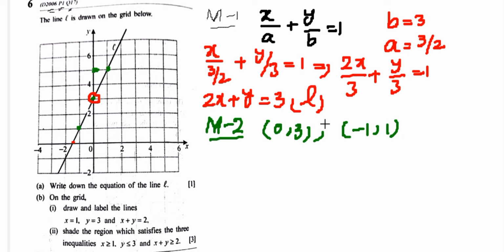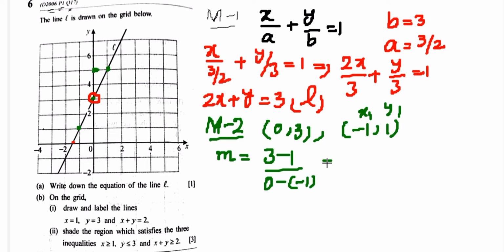Now we find the gradient of this line, that is m. You can take this as x1, y1, and the remaining as x2, y2. y2 minus y1, this is 3 minus 1. x2 minus x1, this is 0 minus 1.